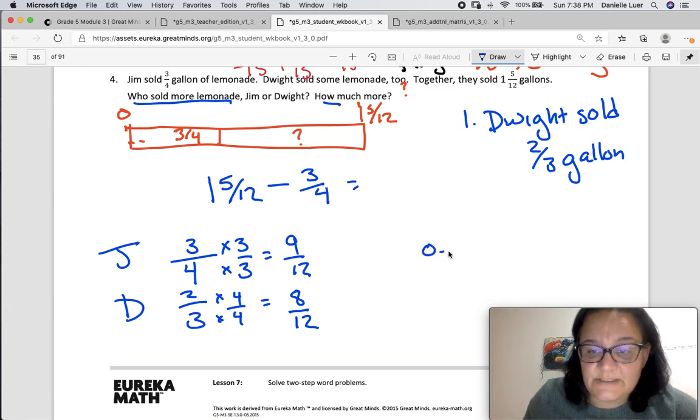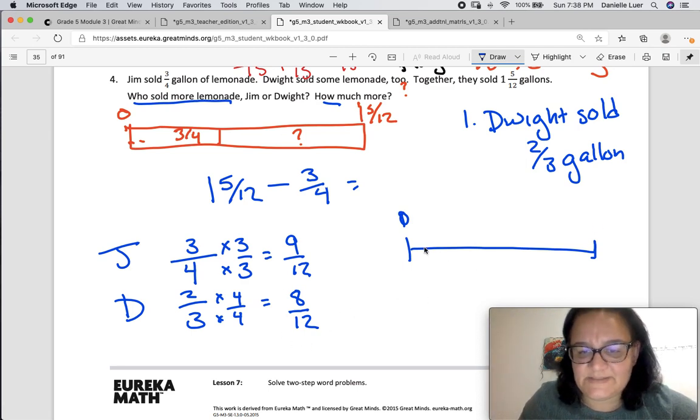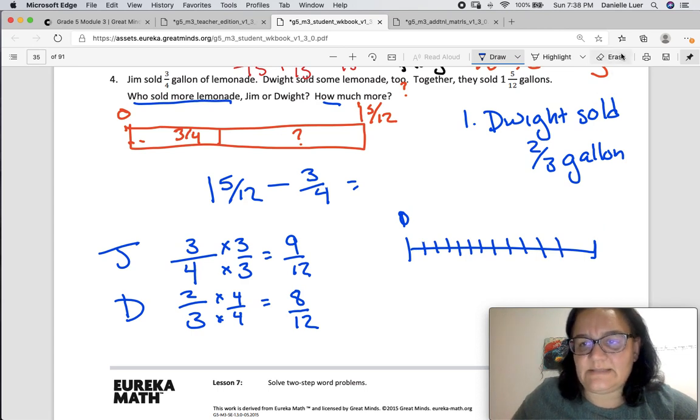If you're not sure, let's draw a number line. There's 0, and there's 1, and I want to break it into 12, so I'm going to need 11 lines. 1, 2, 3, 4, 5, 6, 7, 8, 9, 10, 11. Ooh, it got a little messy there. Okay.